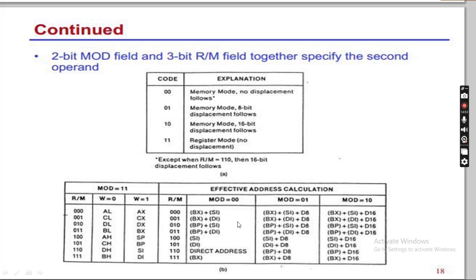Like that, we can have BX plus SI, BX plus DI, BP plus SI, BP plus DI. So like this you can calculate the effective address of the memory operand.